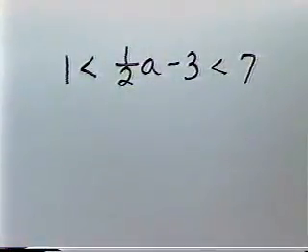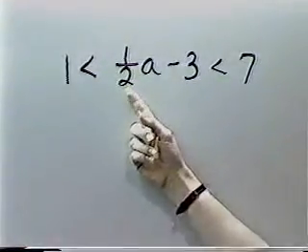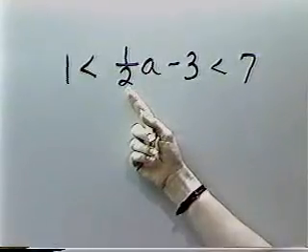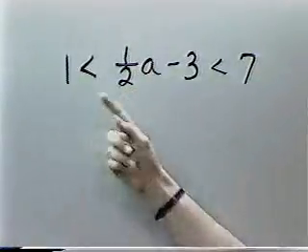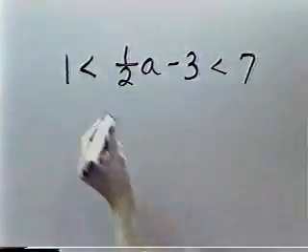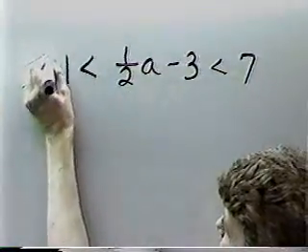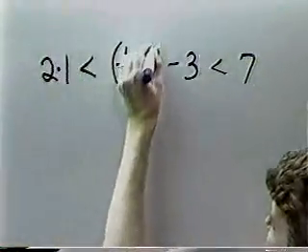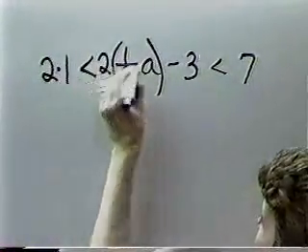Let's go through those steps I gave you at the beginning of the tape segment. Eliminate denominators. Notice I have a denominator here of 2. So I'll begin by multiplying through by 2. That means each term is multiplied by 2.